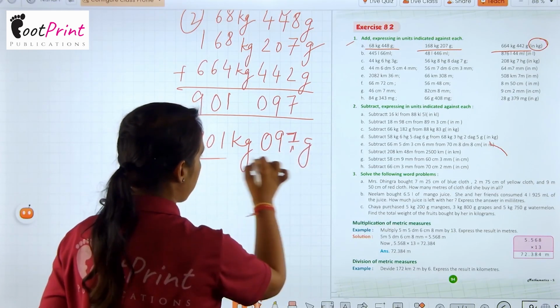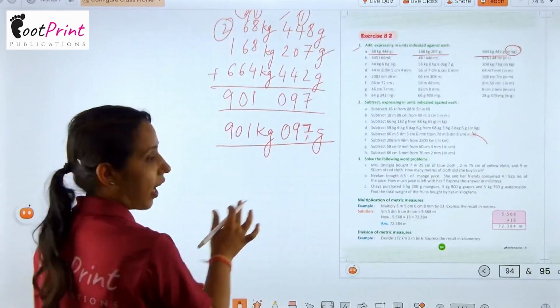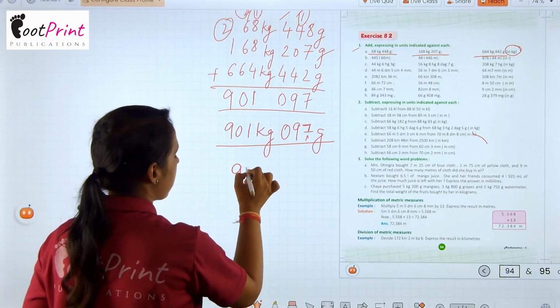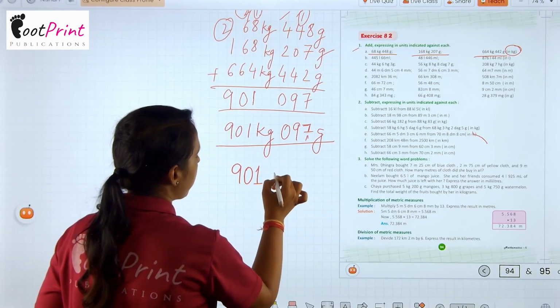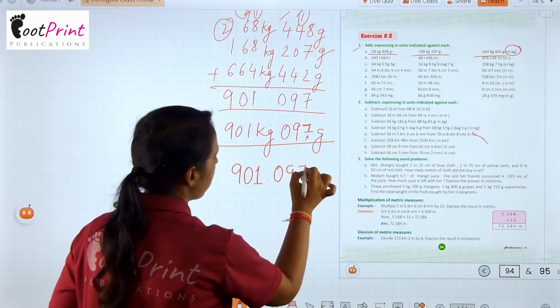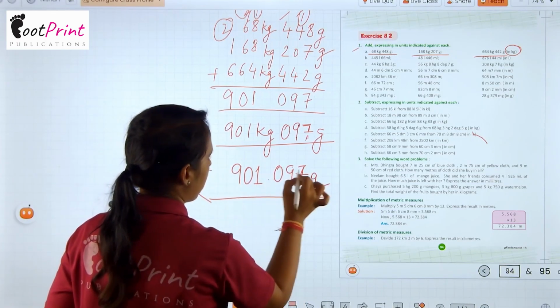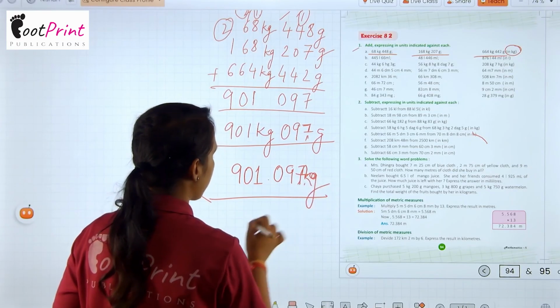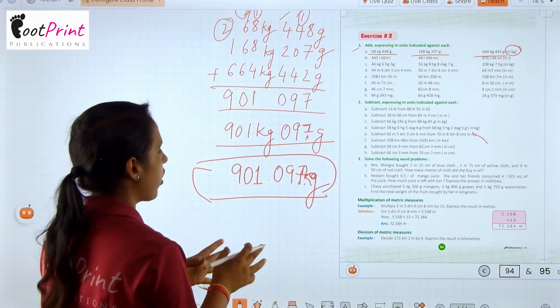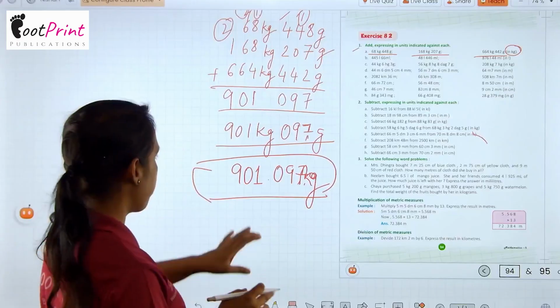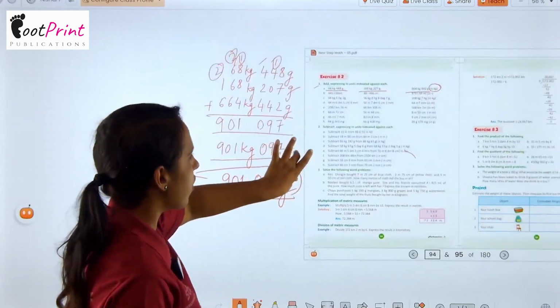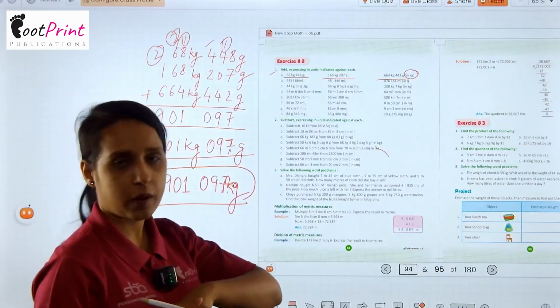Okay, and if we want to write it as kilogram, we can write 901.097 kilogram. Okay, so in this manner we can solve the rest of the questions.